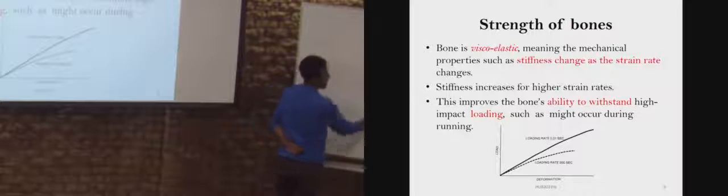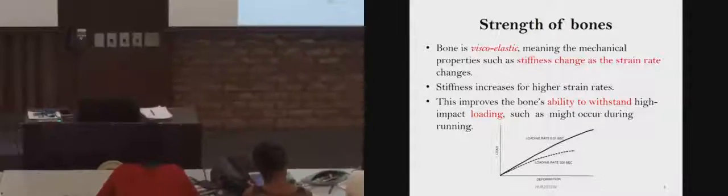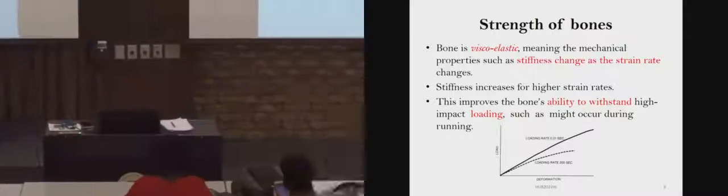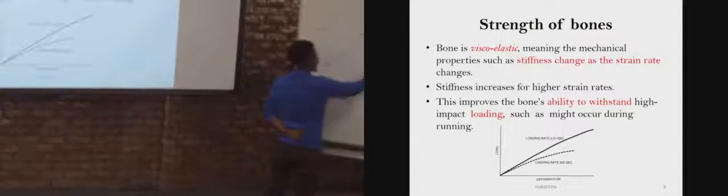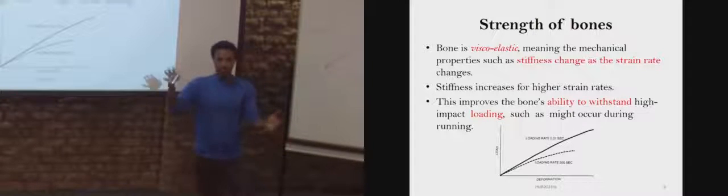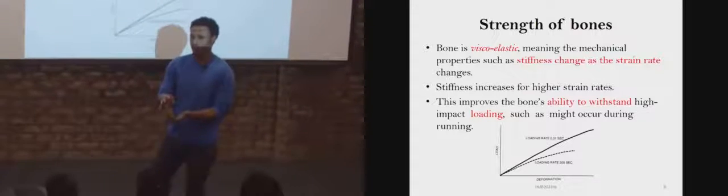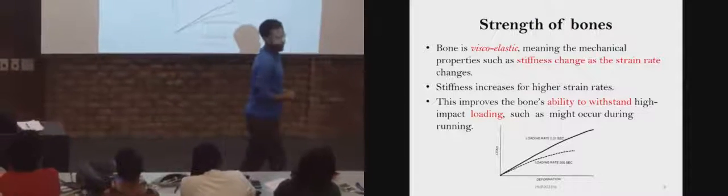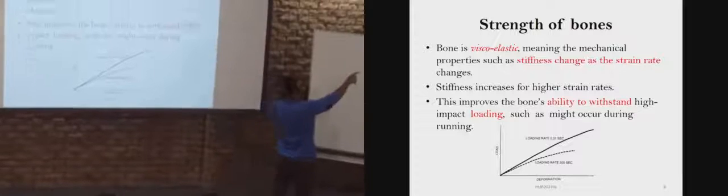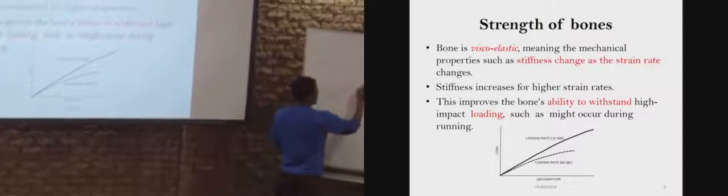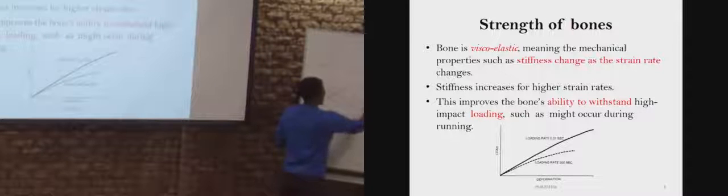Let's say this one is 0.02 per second strain rate. That means it is the rate of deformation. You can slowly deform a material and you can quickly deform a material. So let's say this one is a quickly deformed material and the other is a slowly deformed material, 200 seconds.